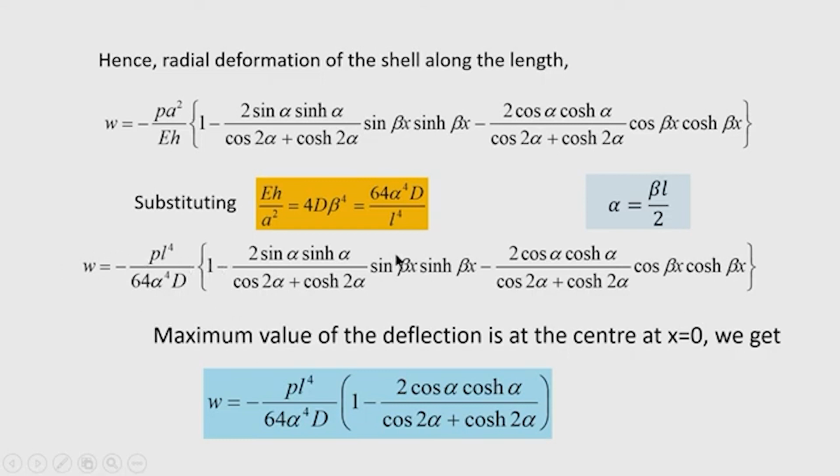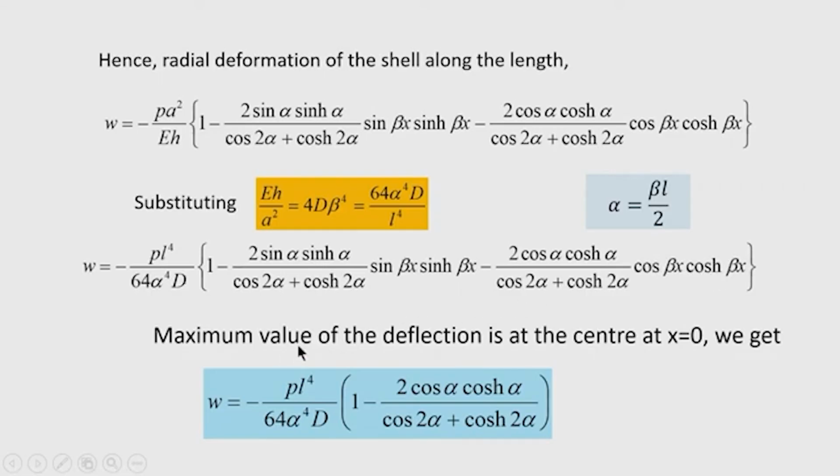you can see this term will vanish, because when you put x equal to 0 here, this will be 0 as well as this will be 0, and cos beta x when evaluated at x equal to 0 will be 1, cosh beta x also will be 1.